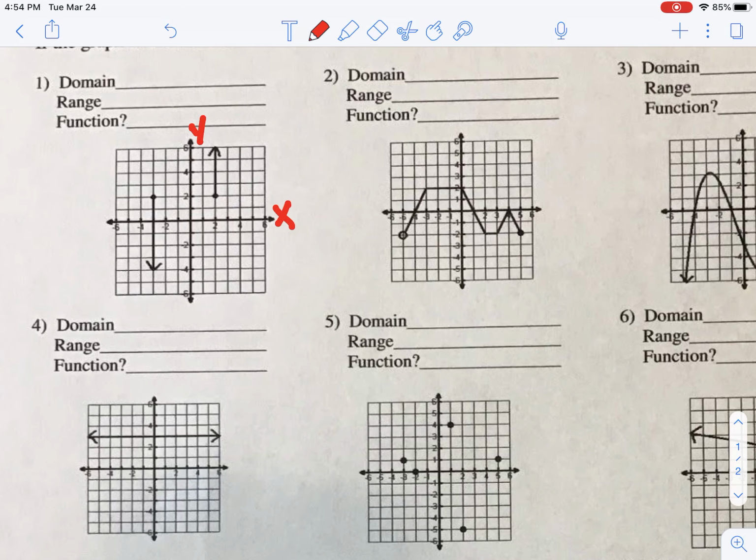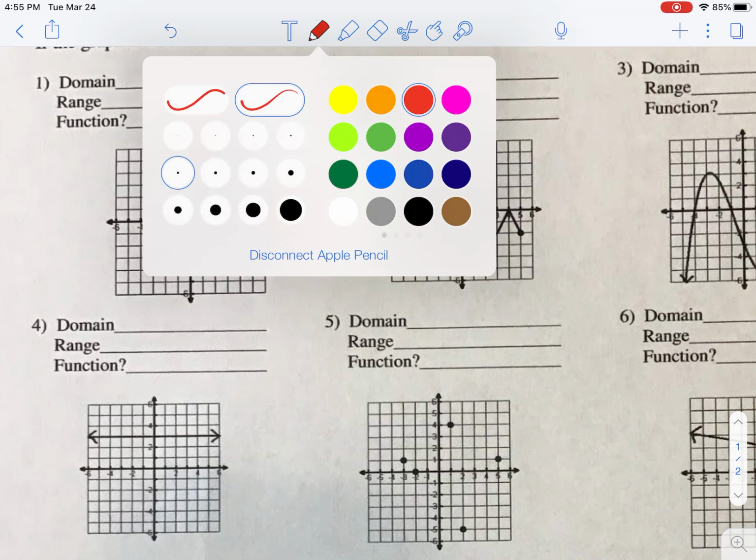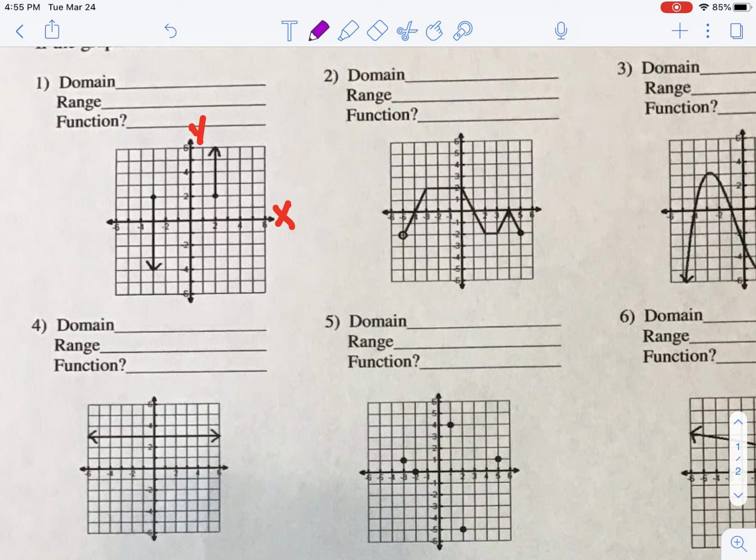The two of them are extremely important because they each represent something we need to find. The x-axis represents our domain, and our y-axis represents the range. Okay? So let's start out with the domain first.